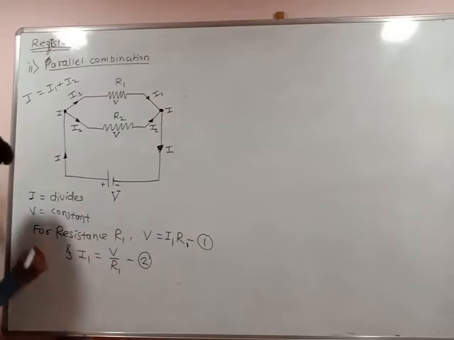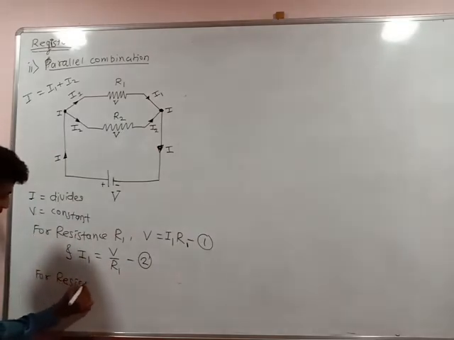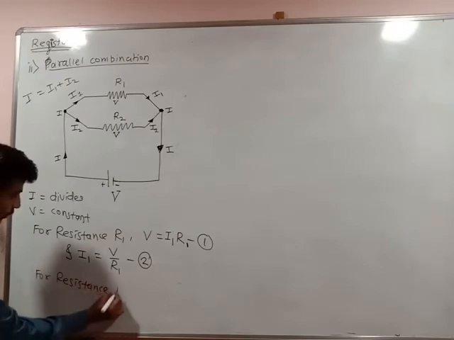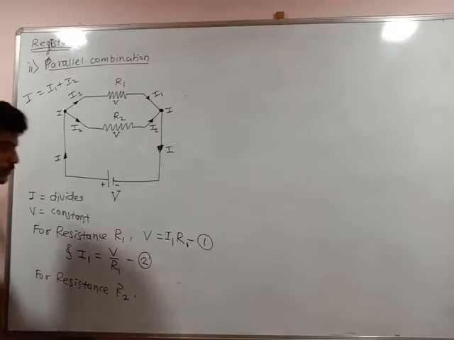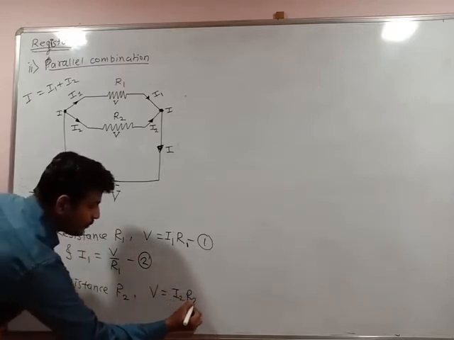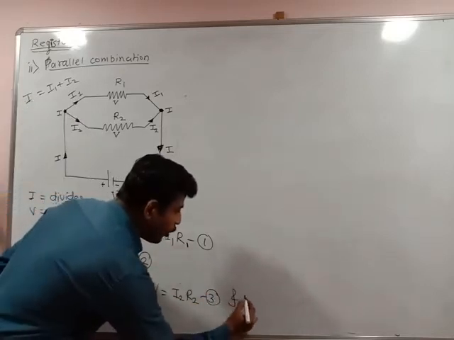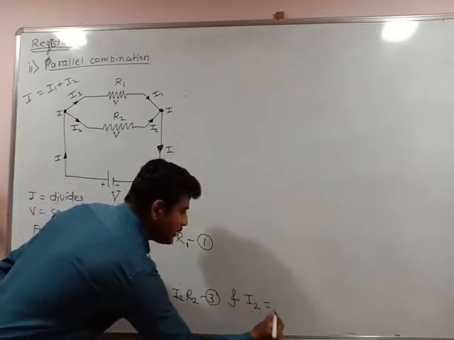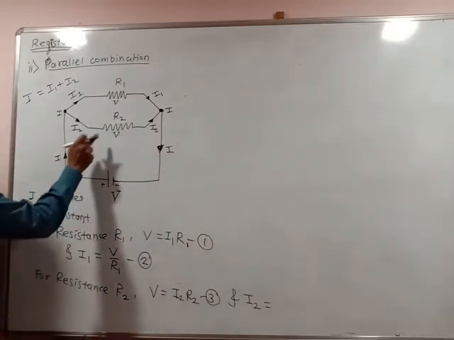Now for resistor R2, the voltage drop is I2 R2. This is equation 3. And how much current across resistor R2?